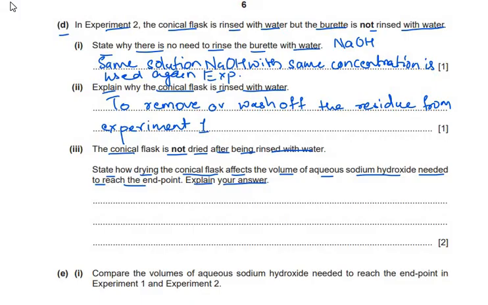So I'm talking about in terms of molecules, but if we want to write it precisely, it does not change the amount of hydrochloric acid.